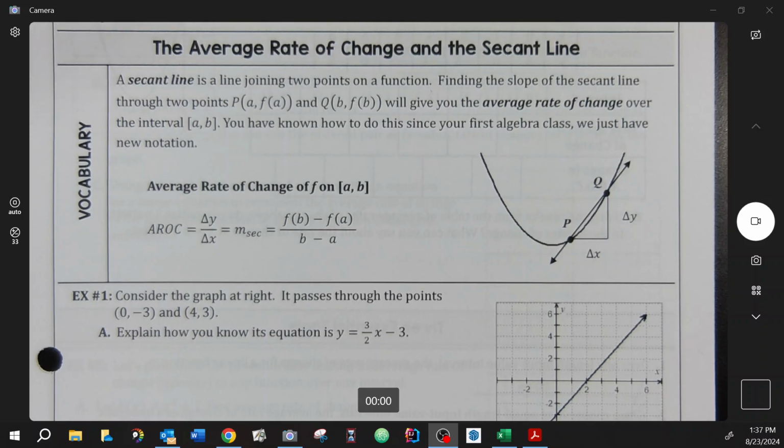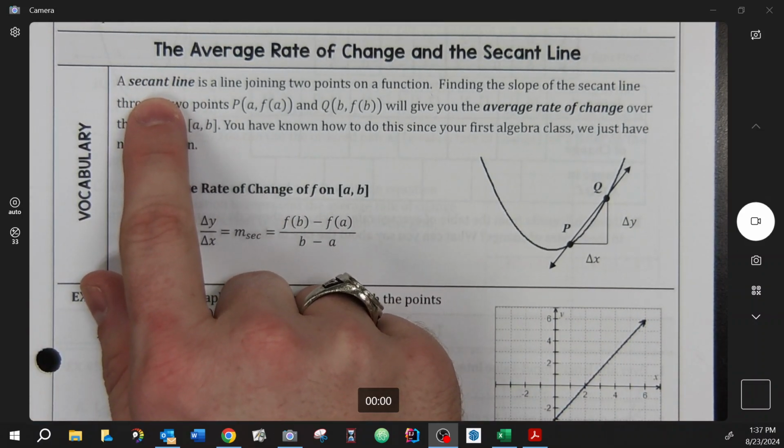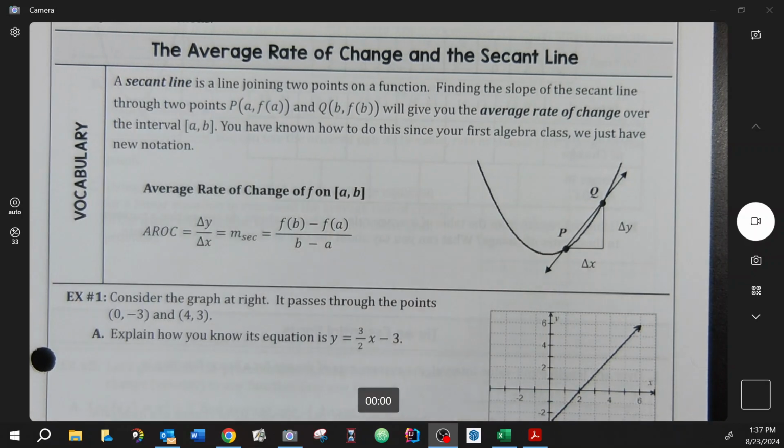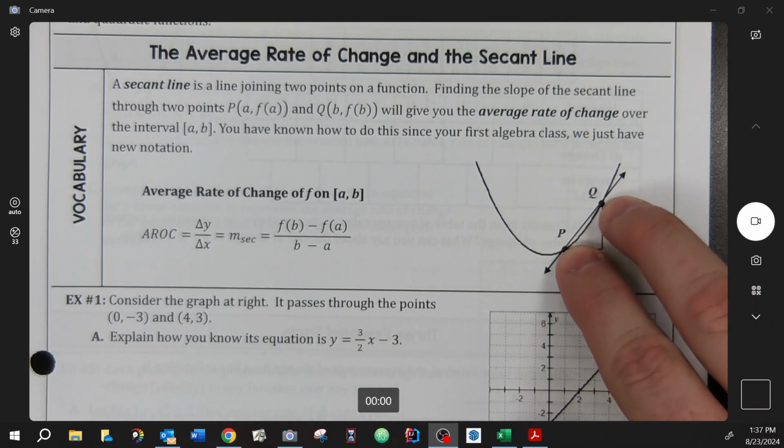Before we can even start, though, we have to learn some vocabulary. What is a secant line? A secant line is essentially any line that goes through a curve more than once. So before, we were talking about finding the average rate of change between 2 points on a curve, right?